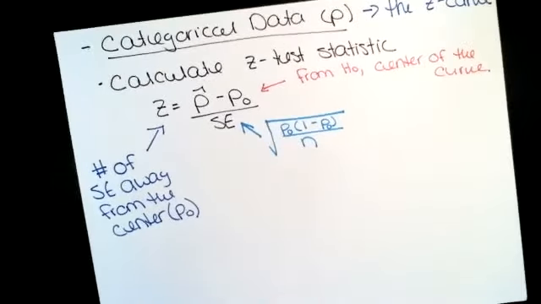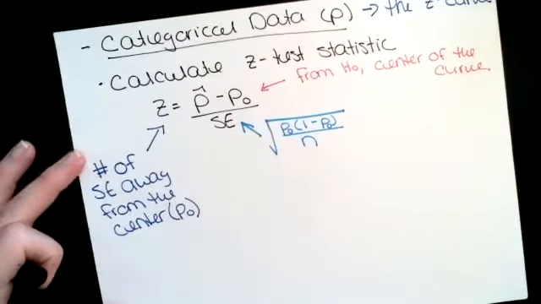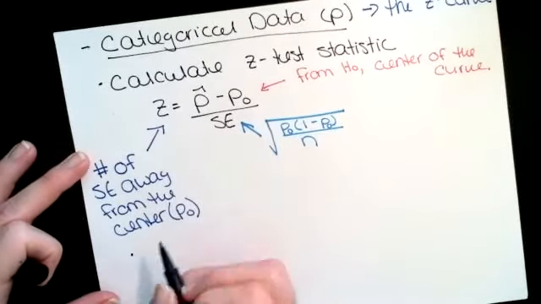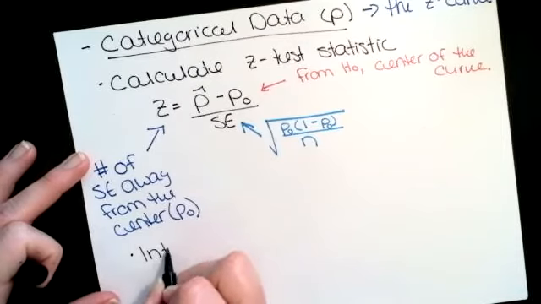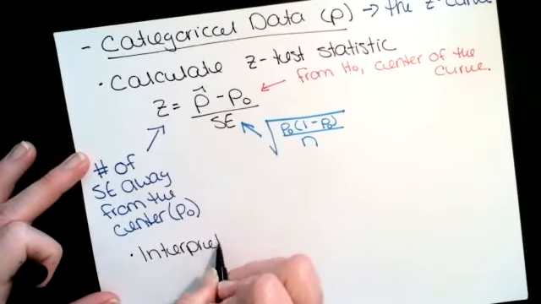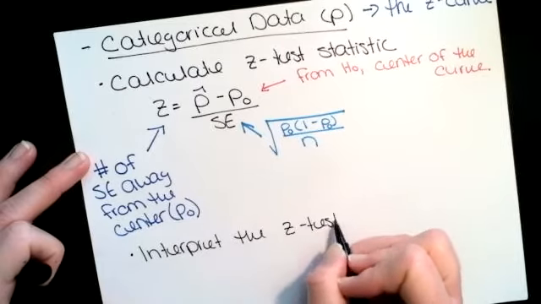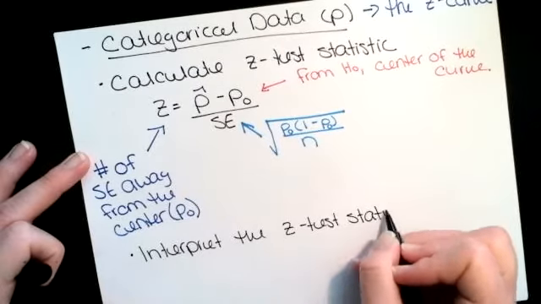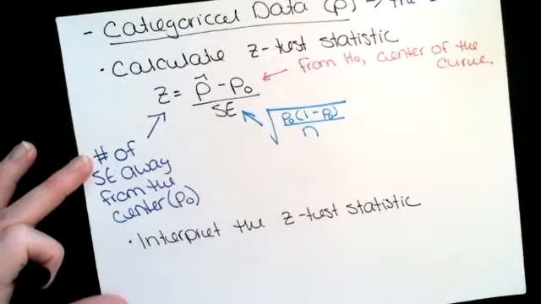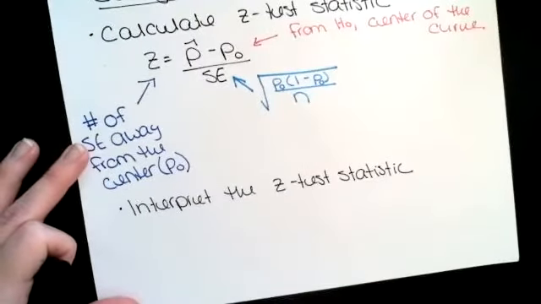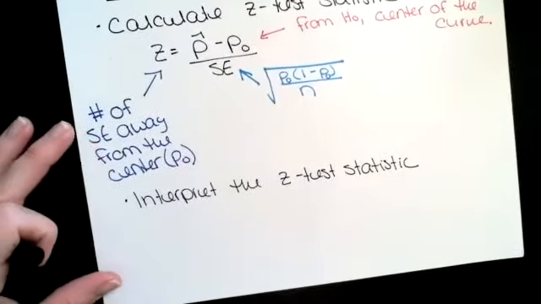Okay, so now the next thing after we calculate the z-test statistic, I want to interpret this. So to interpret it, it's the same as the numerical side.